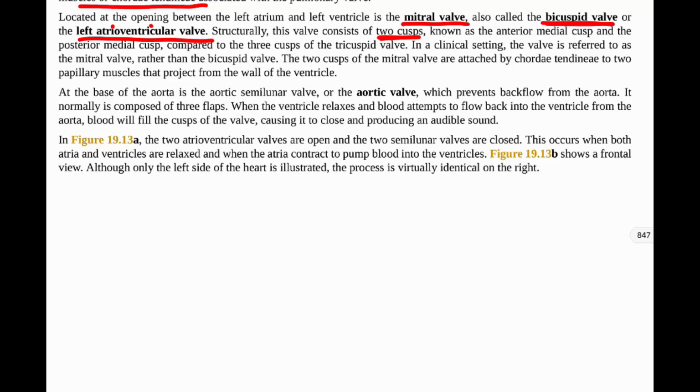So the two atrioventricular valves are open and the two semilunar valves are closed in that illustration in 19.13a. This occurs when both the atria and the ventricles are relaxed and when the atria contract to pump blood into the ventricles. Then 19.13 shows a frontal view where only the left side of the heart is illustrated, and the process is virtually identical on the right.